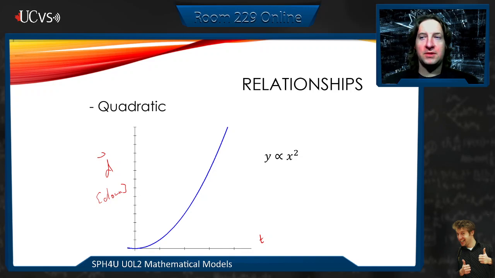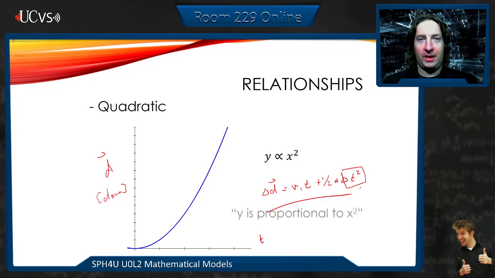As the ball falls, its velocity increases linearly, but its displacement increases quadratically. Remember, we had our plus 1/2 a delta t squared. So one of our kinematic equations. So as you can see, the distance increases as a quadratic with respect to time.